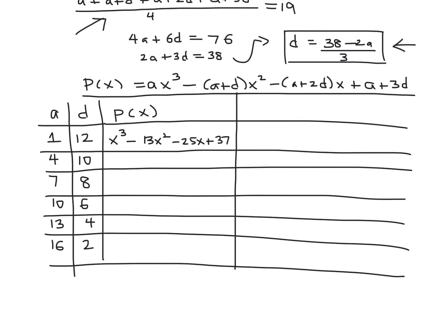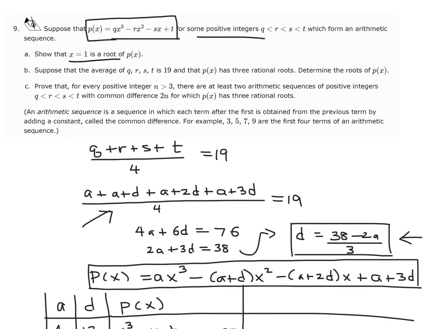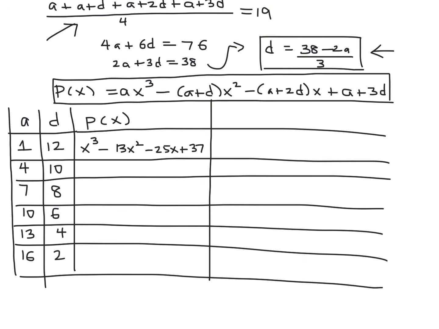I just used this equation and then plugged in values for a and d, in that case a being 1 and d being 12. Now, in part A we had concluded right here that x = 1 was a root, correct? So if 1 is a root, that means one of the factors is x minus 1, right? If you factored this.